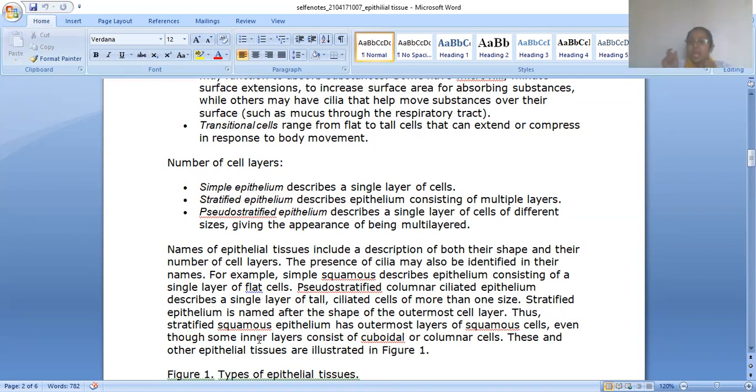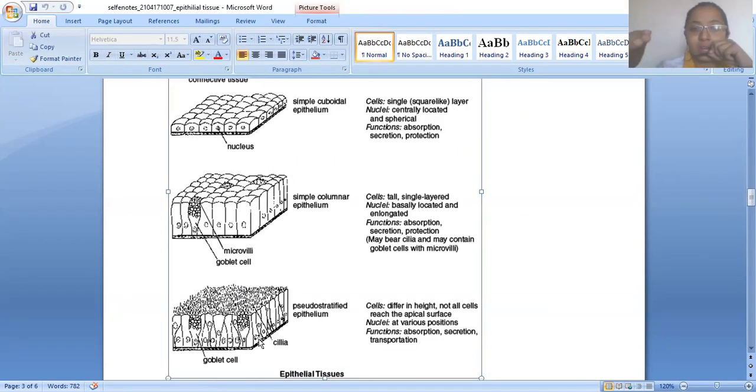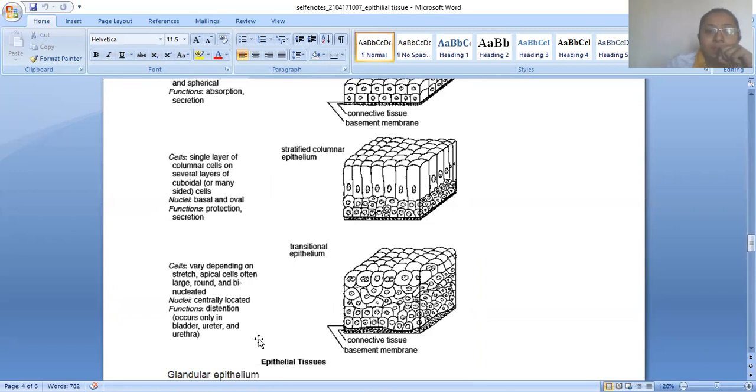So the type of the cell, size, the layer, and cilia. If all three are present, the name will be according to that only. Whatever we have discussed here is in diagrammatic presentation: cuboidal one, columnar one, pseudostratified one, then the mixture one, whatever components they have together.